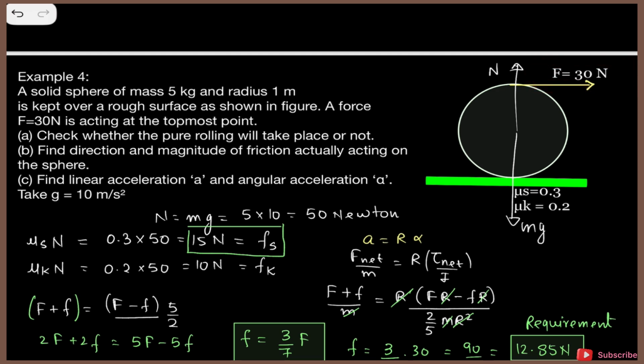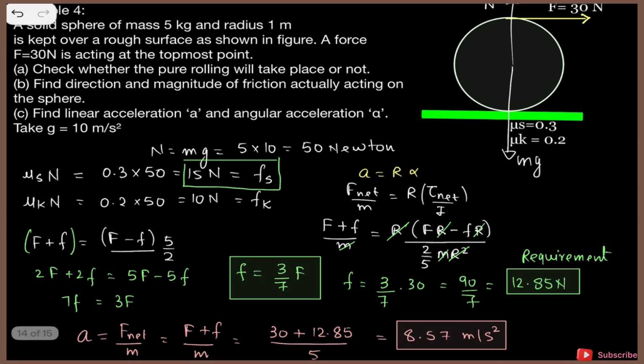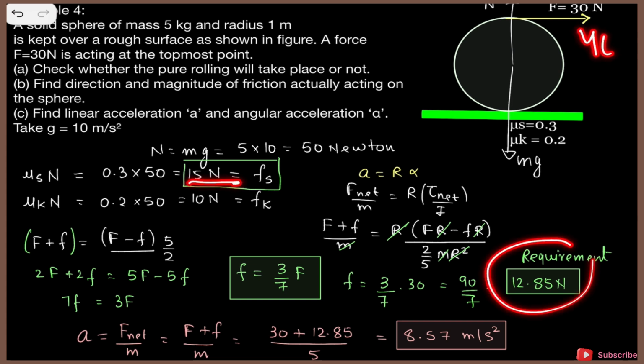For example, you can solve the same situation with 40 Newton external force, and see whether the requirement of friction for pure rolling is still under 15 Newton or more than 15 Newton. If with 40 Newton external force the requirement of friction is more than 15, it clearly implies that the pure rolling does not take place and there is forward slipping.